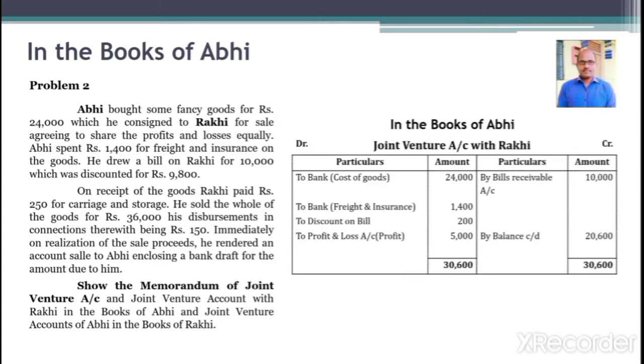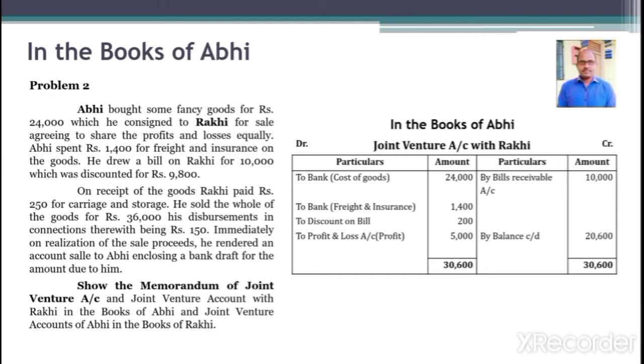See, in the books of Abhi, joint venture account with Raki. In this account, we record only the transactions which are related to Abhi. You can see the debit side, to bank account 24,000, that is cost of goods purchased. Then to bank account, freight and insurance charges 1,400.